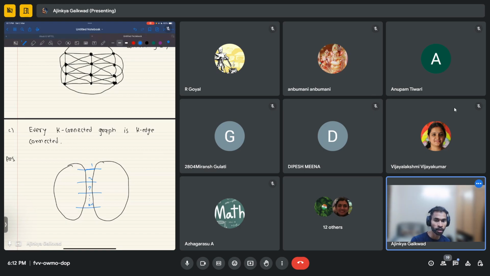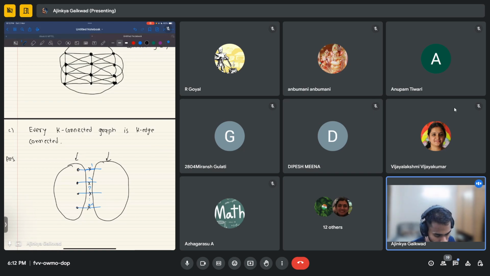What does that mean? There exists a disconnecting set of edges of size at most K minus 1. So let's say these are the K minus 1 edges. In that case I will also be able to construct a K minus 1 size vertex cut, because I can just remove these vertices, and then automatically these edges will be removed and these two components will form. So that's why.